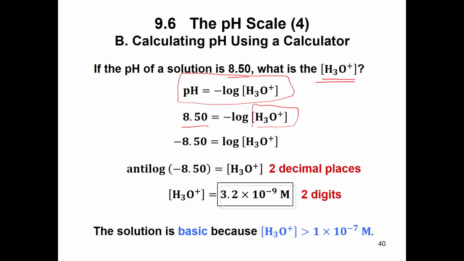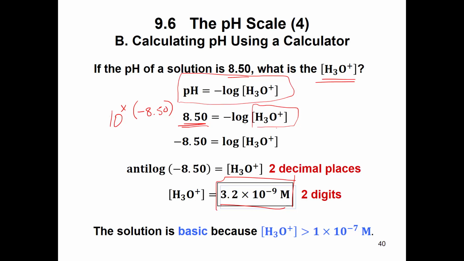So you're going to say 10 to the X, and since it's antilog, you're going to say 10 to the X minus 8.50, and that should give you 3.2 times 10 to the minus 9.